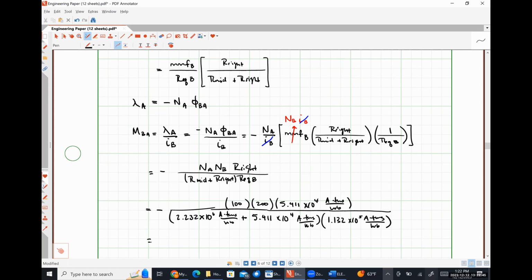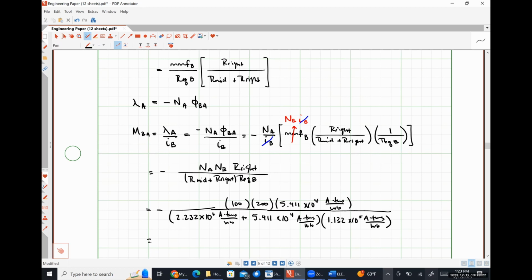All right, so throwing this in my calculator, or Avery's calculator as it were. 100 times 200 times 5.411 times 10 to the 4 divided by 2.232 times 10 to the 6th plus 5.411 times 10 to the 4.